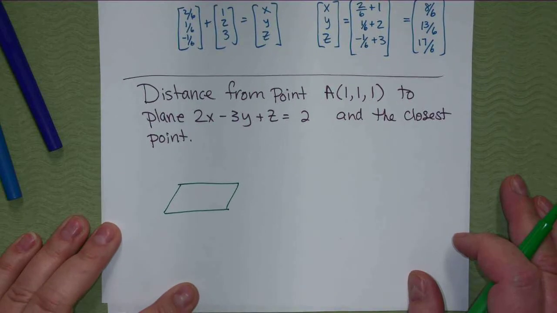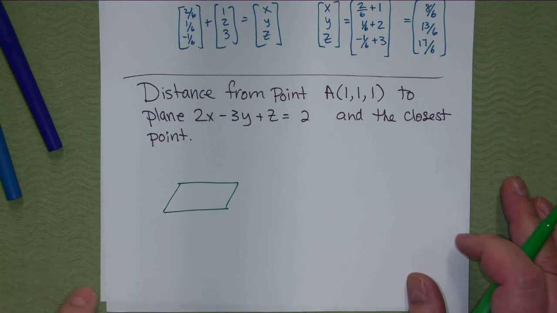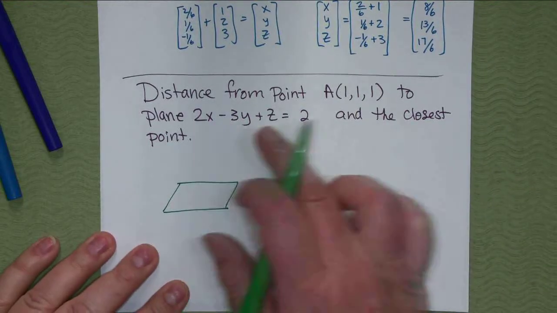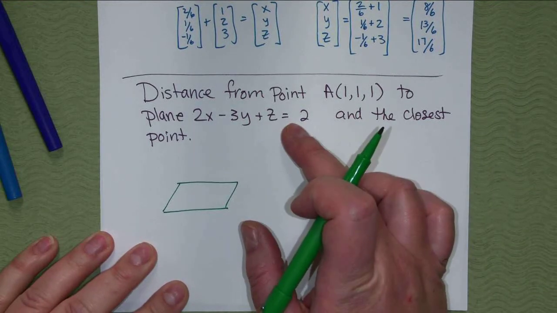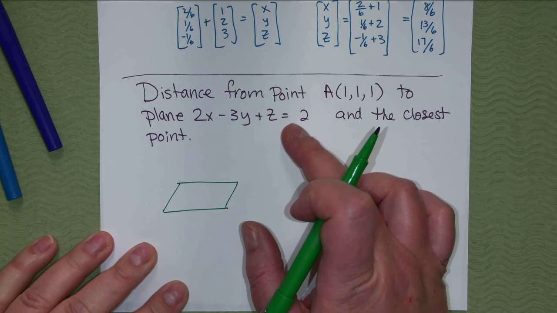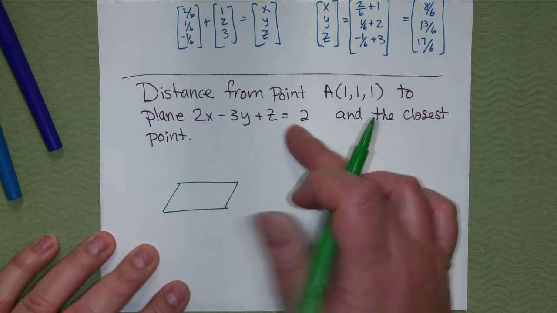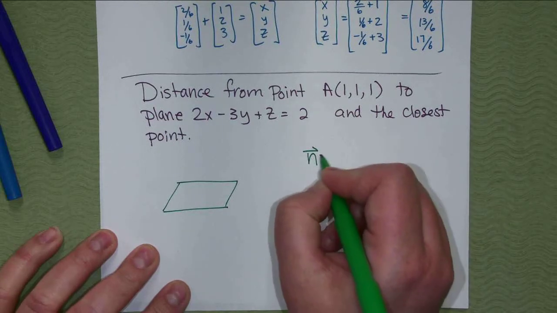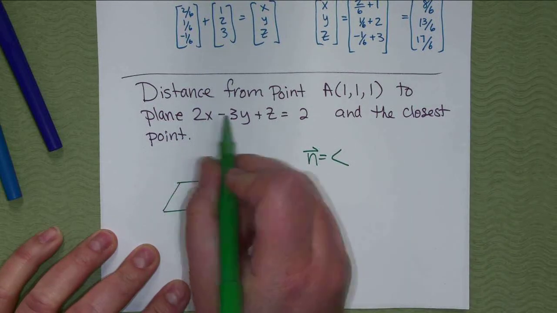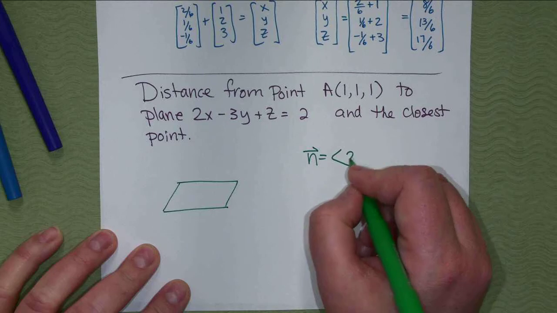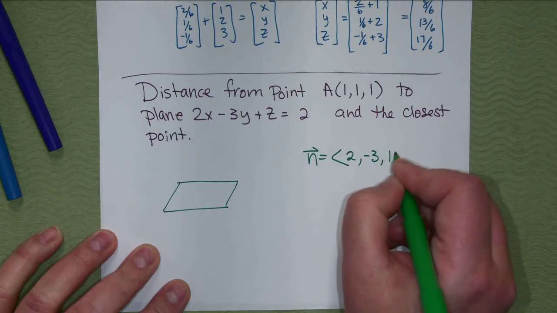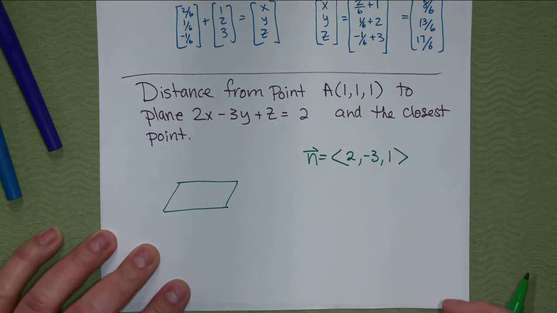So what do we know about the plane, just given this equation of the plane? What can we read off of that right away without doing anything? The normal vector, which is what? 2, negative 3, 1. Okay, so we know the normal vector, which is where on that plane?